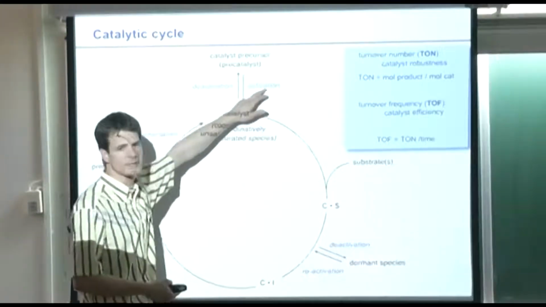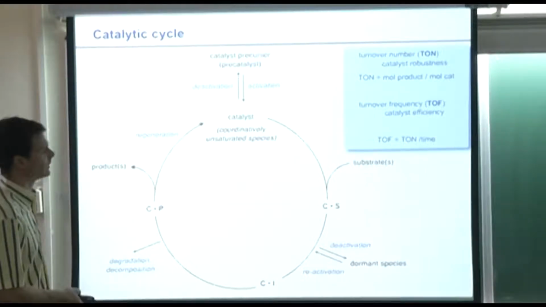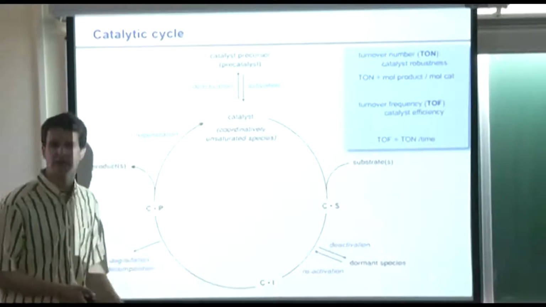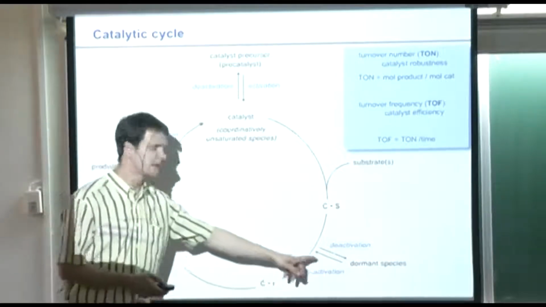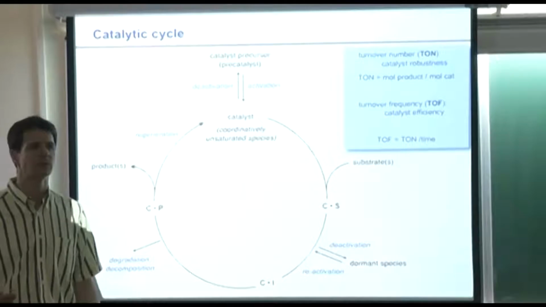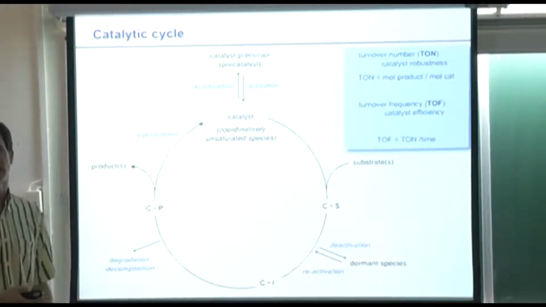There's some sort of activation that then forms as well a deactivation. And we can have this anywhere on the cycle, activations and reactivations. And if this is reversible, we typically would call it an activation or a deactivation mode. So if a catalyst is deactivated, it can be reactivated.